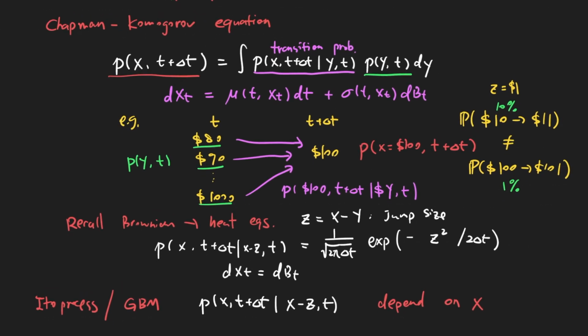Okay, so now we are ready to derive the Fokker Planck. So let me just rewrite the Chapman Kolmogorov with respect to the jump set z.